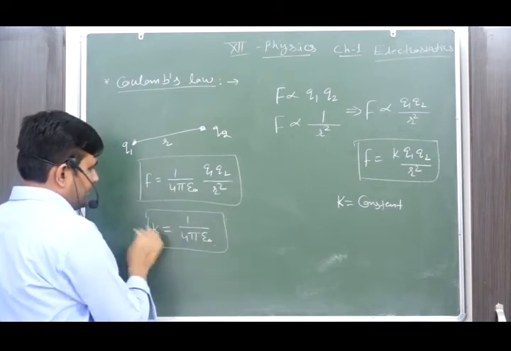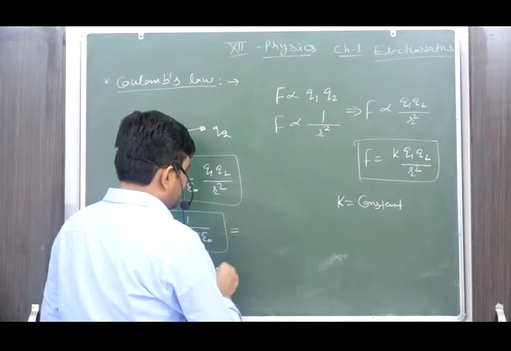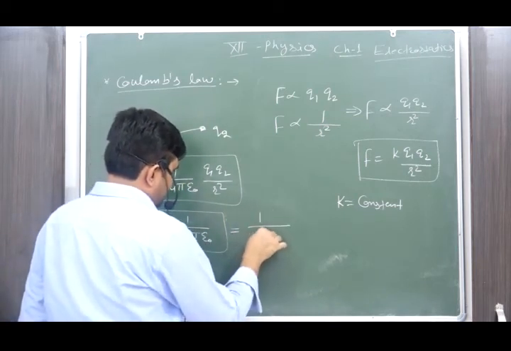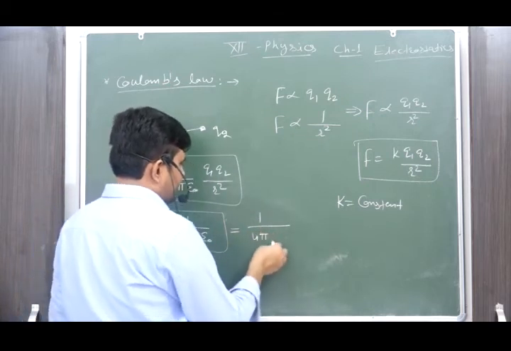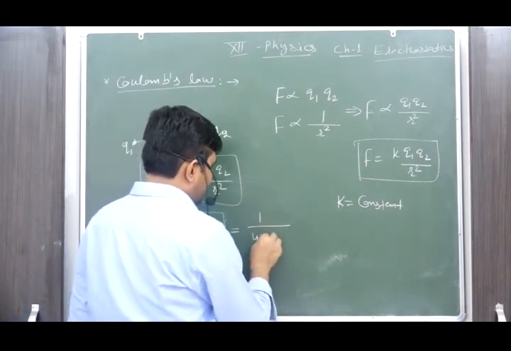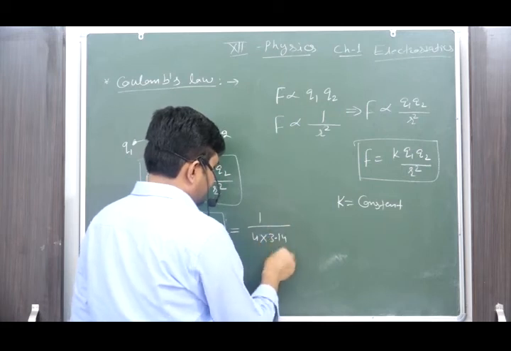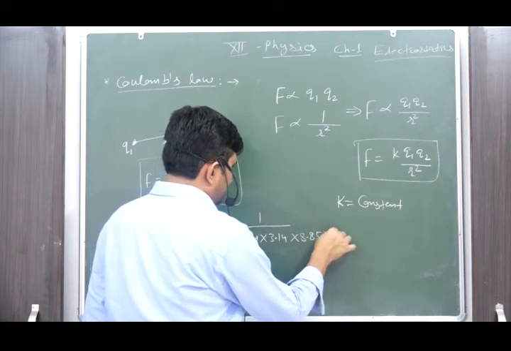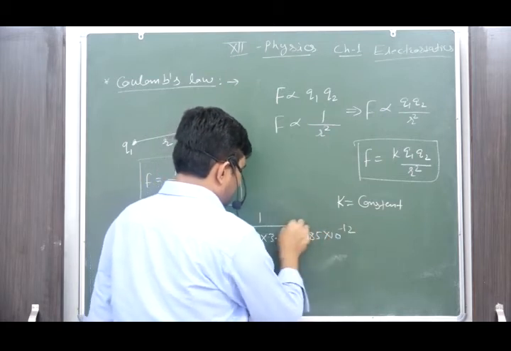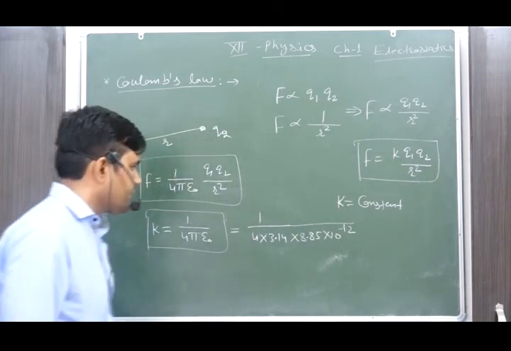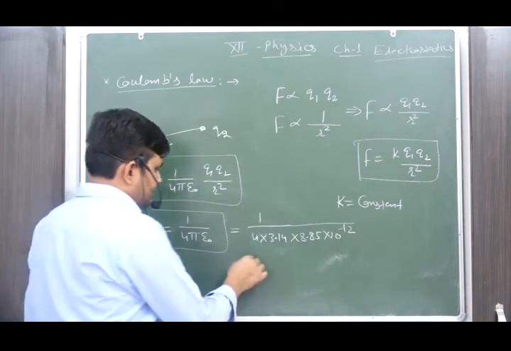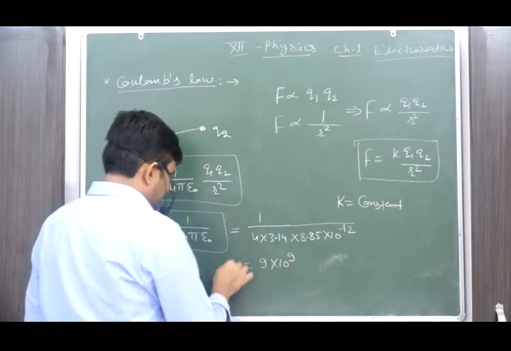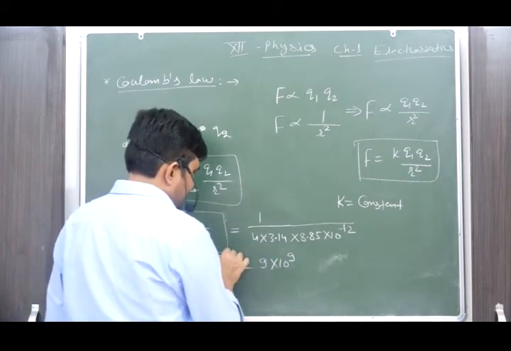It is equated by the numeric value 1 upon 4 pi and the value of epsilon naught. The value of pi is 3.14, into 8.85 into 10 to the power minus 12. After solving this, we get 9 into 10 to the power 9. This is the value of K.